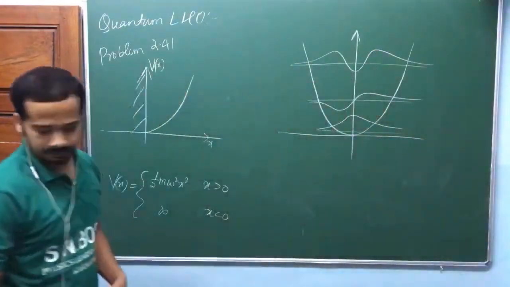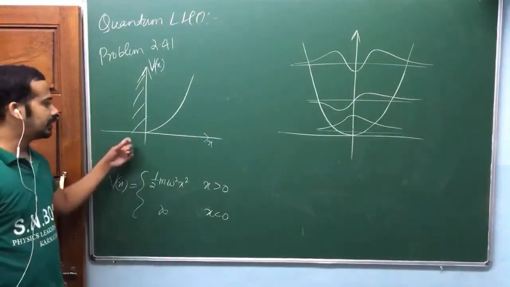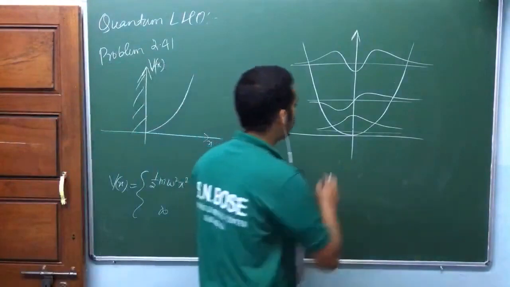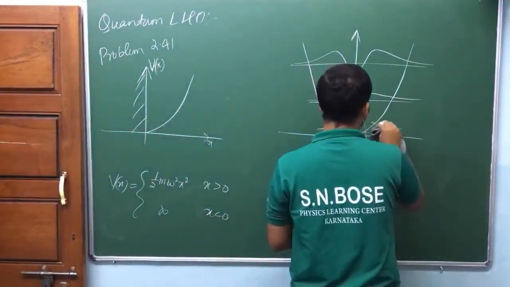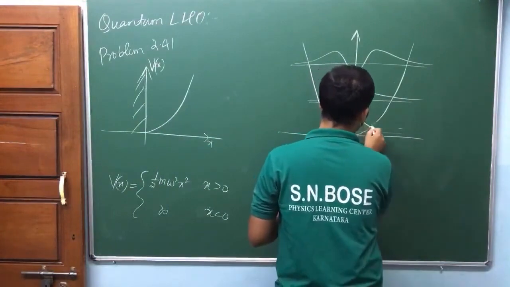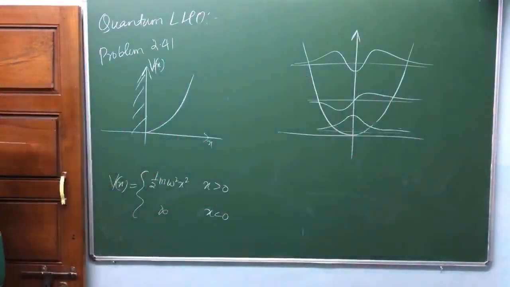Now look at here. What he is asking is, what are the energy eigenvalues of this one? What are the allowed states compared to this one? Compared to that one, what are the allowed states here?